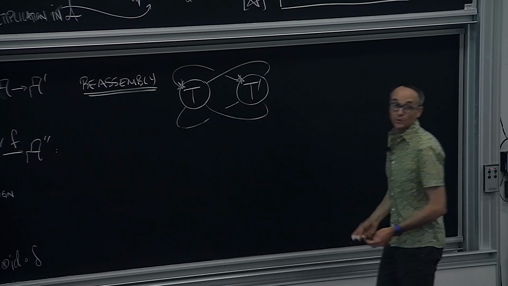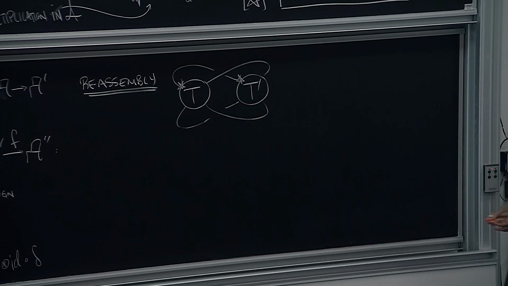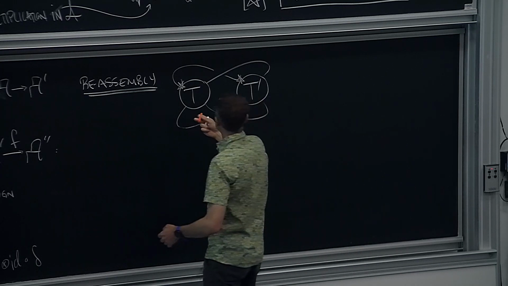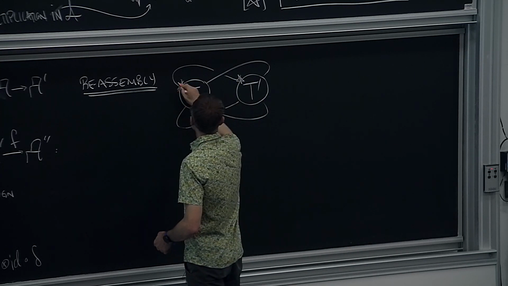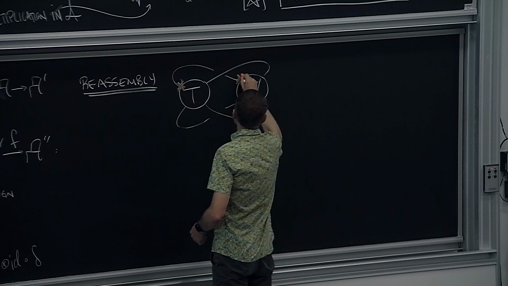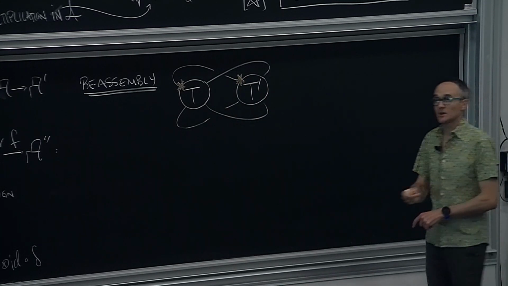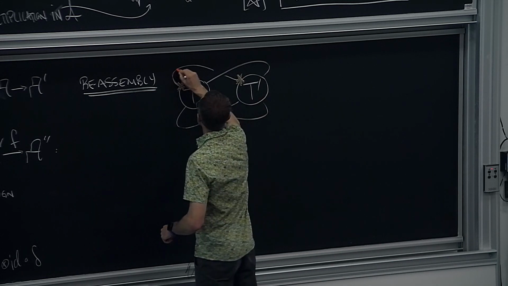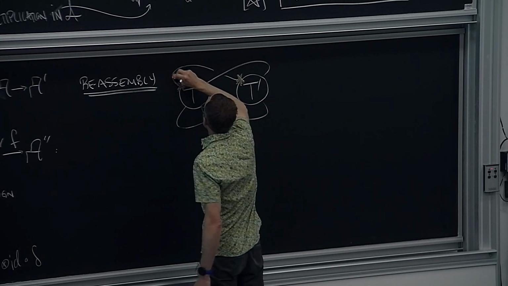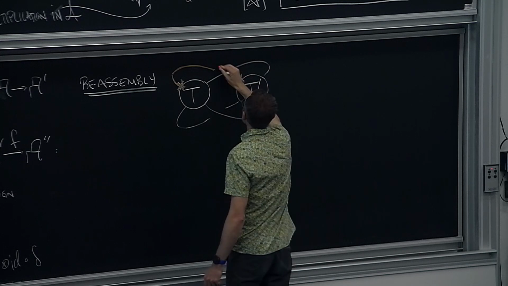Now, for people who have thought about Khovanov homology, what you're noticing is that, due to the presence of the base point and the fact that I'm being very careful to make sure that the starred component is glued to the starred component, I also have a distinguished arc, right?